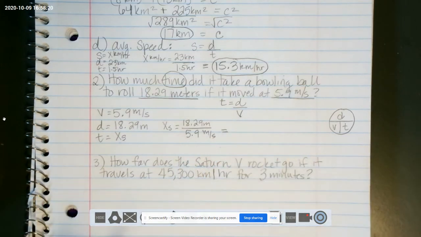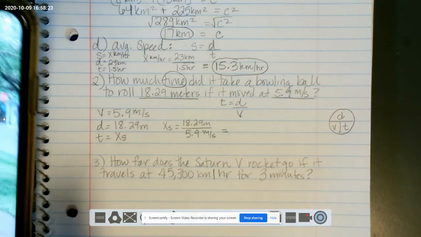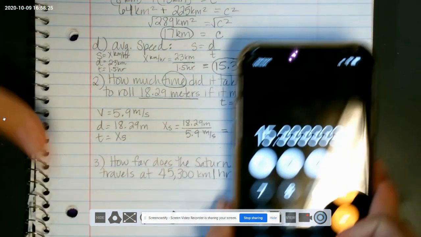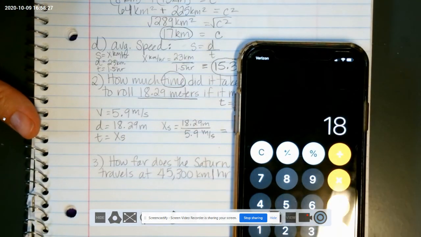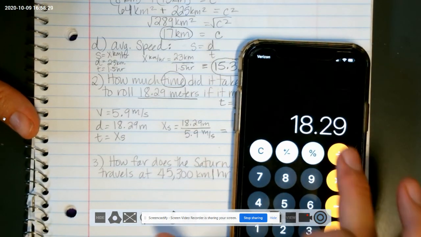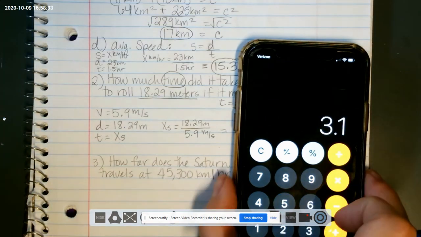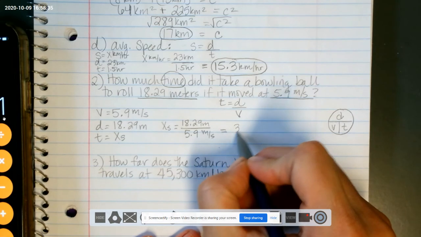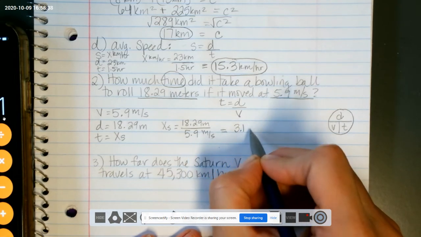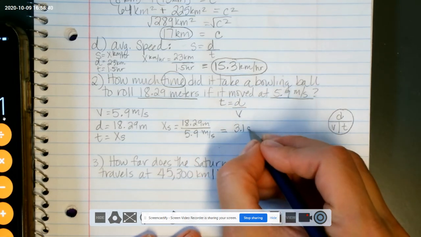And I'm going to do the math on my calculator. So 18.29 divided by 5.9, I'm going to get 3.1, and that's a time. Okay, so it's going to be seconds.